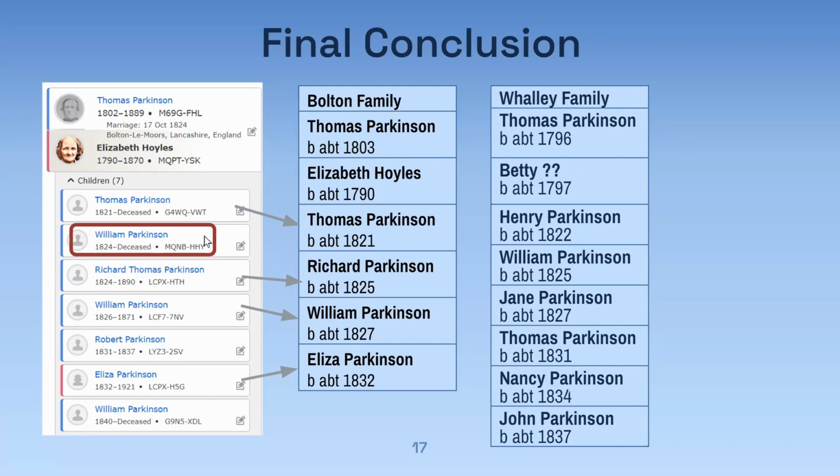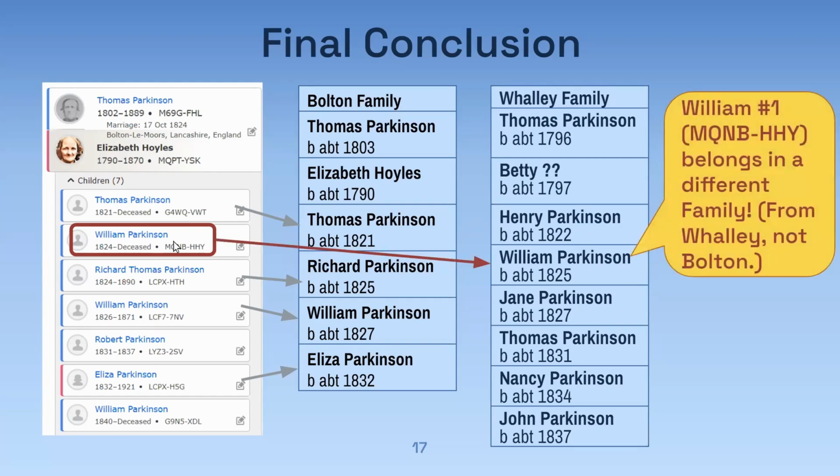Well, as we looked in Family Tree, these gray arrows indicate the people who really do belong to this couple, to Thomas and Elizabeth. But as we researched William more carefully, we found out he didn't belong in this family. He belongs with the Whalley family. So now that we've made that determination, and again, the analysis was done last week, so we're just summarizing it very briefly.